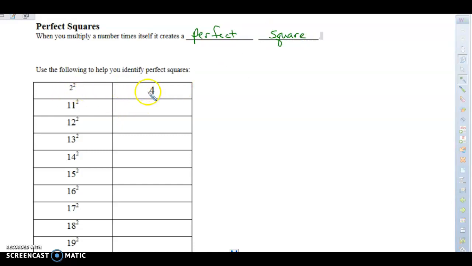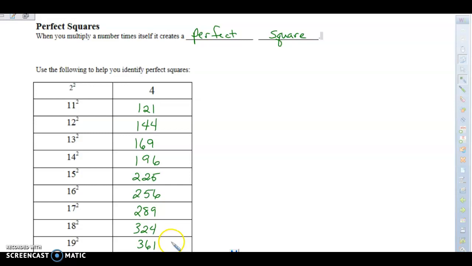So we know that 2 squared is 4, 11 squared is 121, 12 squared is 144, 13 squared is 169, 14 squared is 196, 15 squared is 225, 16 squared is 256, 17 squared is 289, 18 squared is 324, and 19 squared is 361.